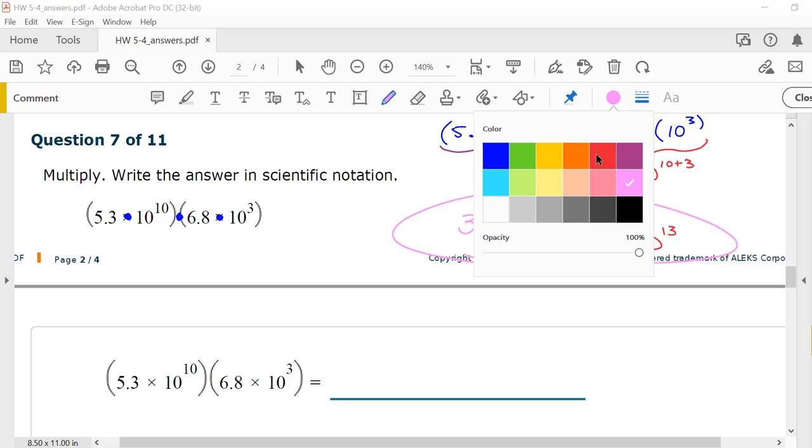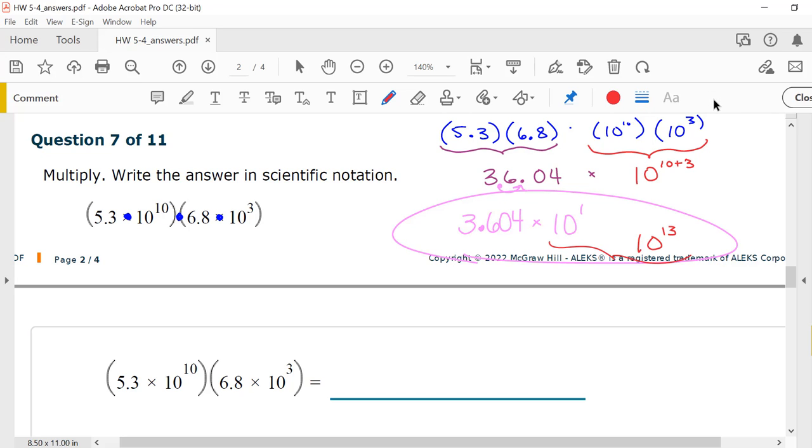You see that I have 10 to the 1 times 10 to the 13, which is 10 to the 1 plus 13. And I still have the 3.604. So my final answer would be 3.604 times 10 to the 14th.